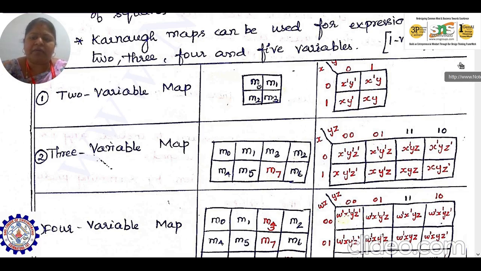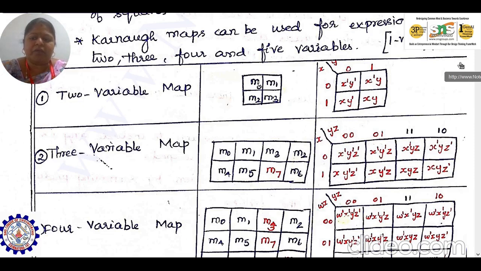Coming to the second row, we will have x and y dash, since the x value is 1 and the y value is 0, so we take the complement of the variable y. The next square box will have x value 1 and y value 1, and since both values are 1 we denote it by xy.